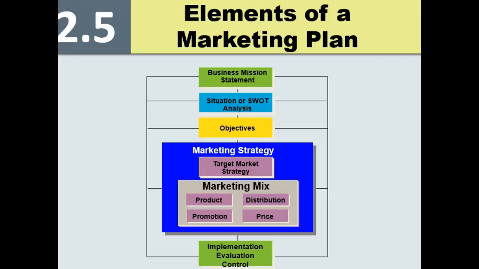What do you want to accomplish? Determine a target market, and then establish your marketing mix. Those are your 4 Ps, the marketing mix. At the very bottom, the implementation, evaluation, and control are pretty much the elements of what's considered advanced strategic planning, and we'll cover those a little bit later.